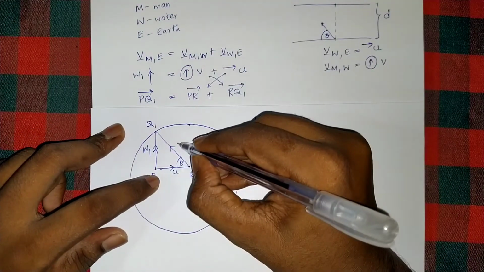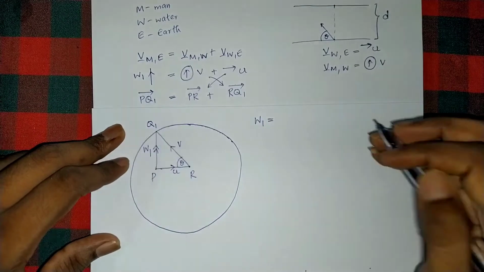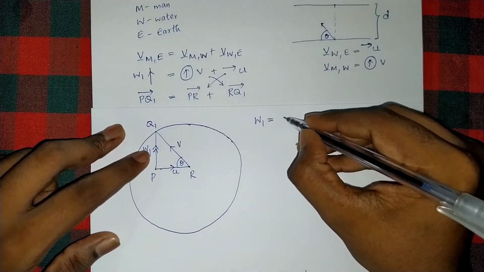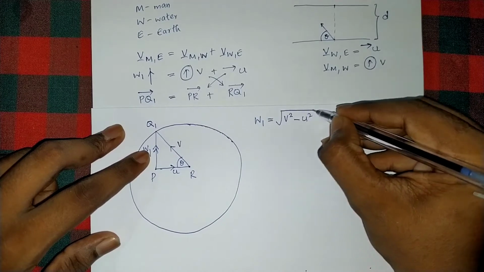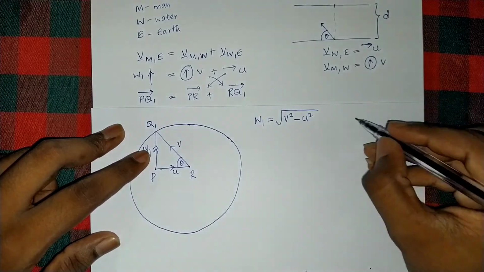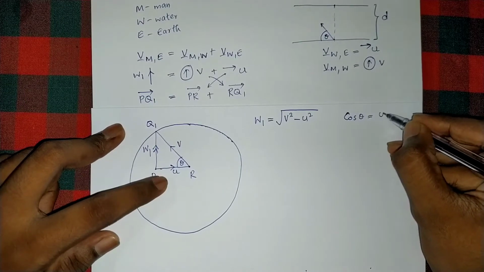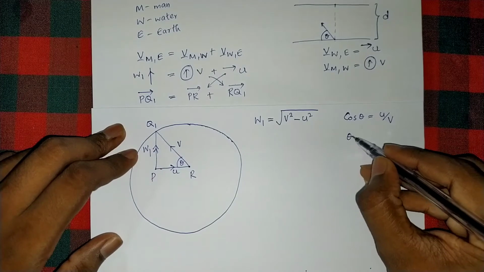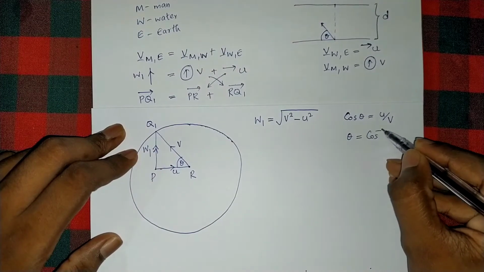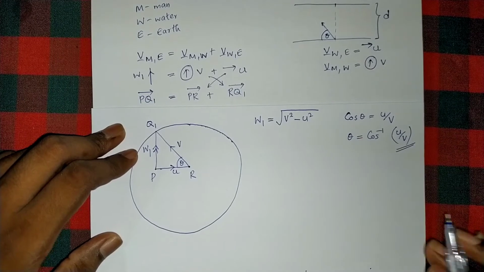According to Pythagoras, this vector RQ1 is V. From Pythagoras, we can take W1 as the square root of V squared minus U squared. Then the direction: cos theta becomes U over V, adjacent side divided by hypotenuse. Then theta is cos inverse U over V. So this is the direction of the swimmer.